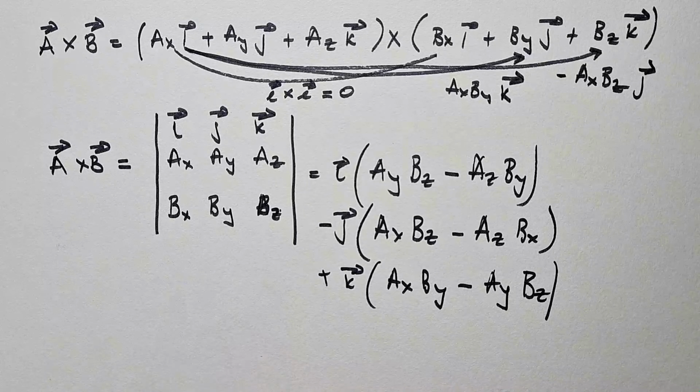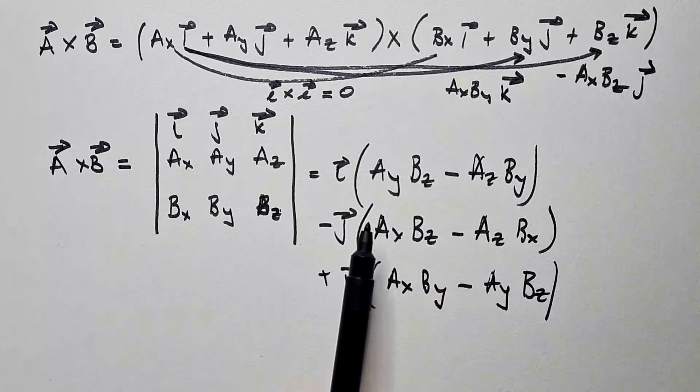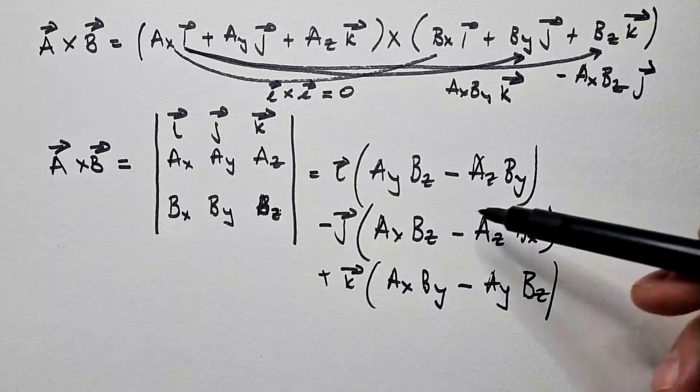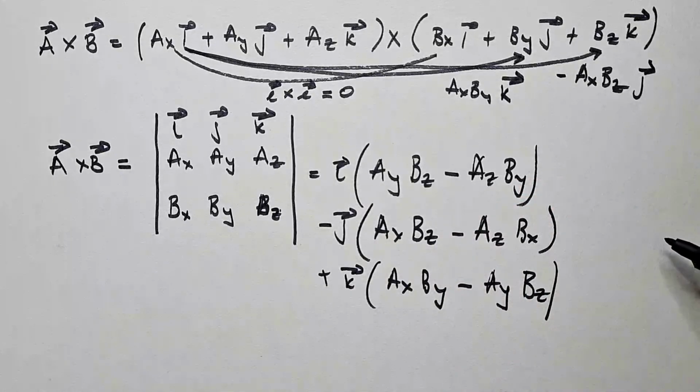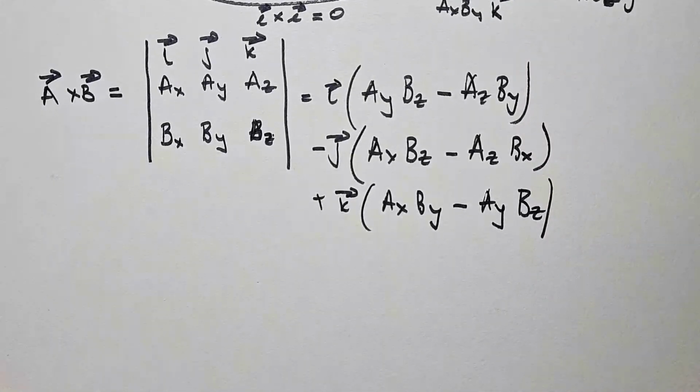Determinants were not invented for cross product, but it turns out they are very useful in this calculation, and we use them all the time. And I hope you remember I used this in my video on centrifugal force as well as Coriolis force and so on. Lastly, a few notes on cross product.